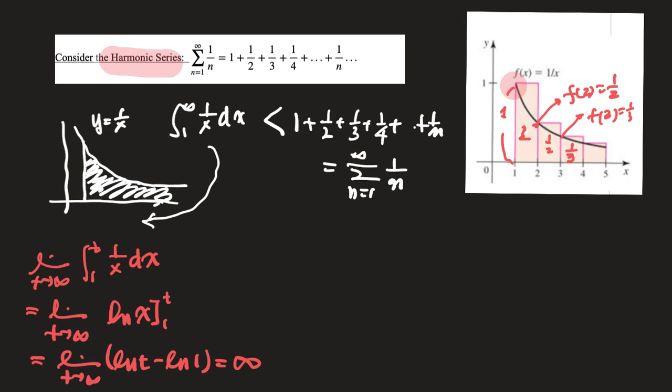So the series is greater than this area, which means it is also increasing, so it diverges. Okay, so the harmonic series diverges by using this test.